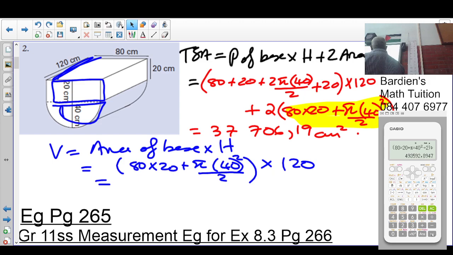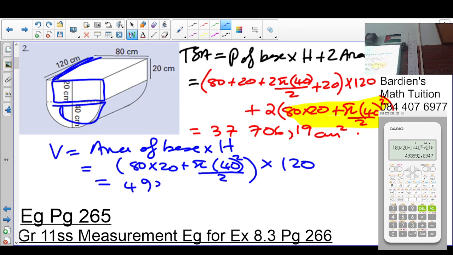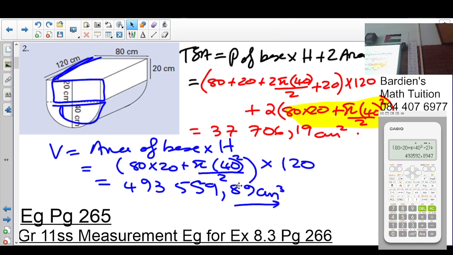So they give you 493,592.89 centimeters cubed. Okay.